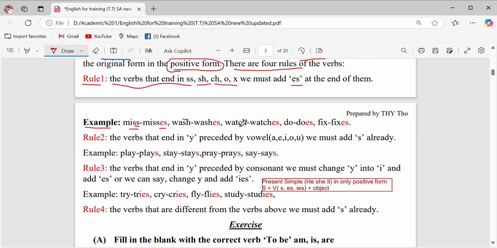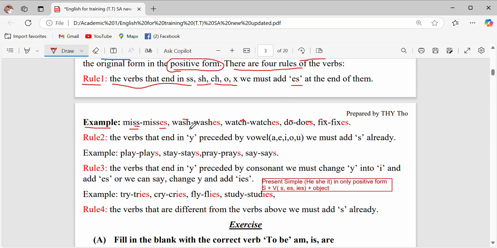Watch ends with ch, so you add es. Do ends with o, so you add es. Fix ends with x, so we add es. Again, the verbs that end with ss, sh, ch, o, or x, we add es when we use them with the third person singular he, she, it.